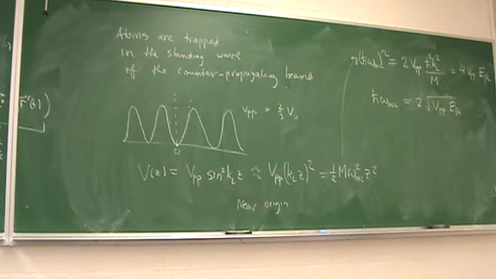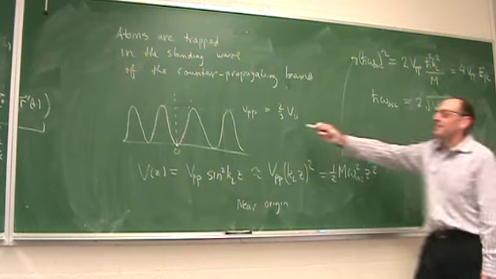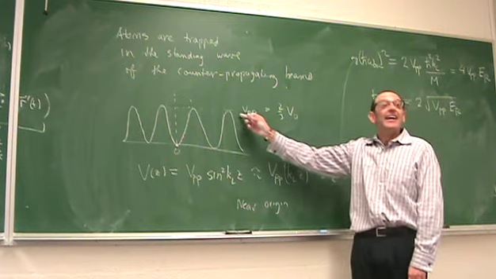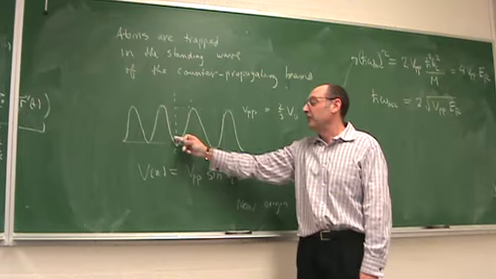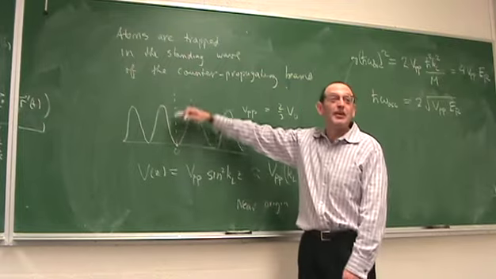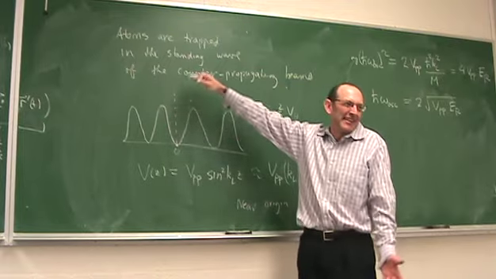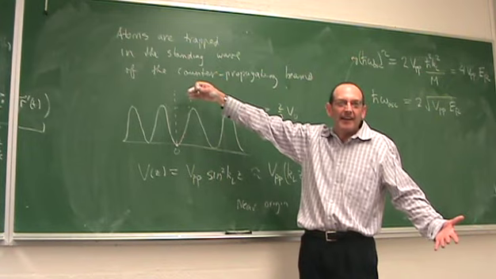So if this is going to be harmonic, firstly, it better be the case that the peak-to-peak depth is big enough compared to h bar omega, because otherwise the zero-point energy starts to make this thing anharmonic.